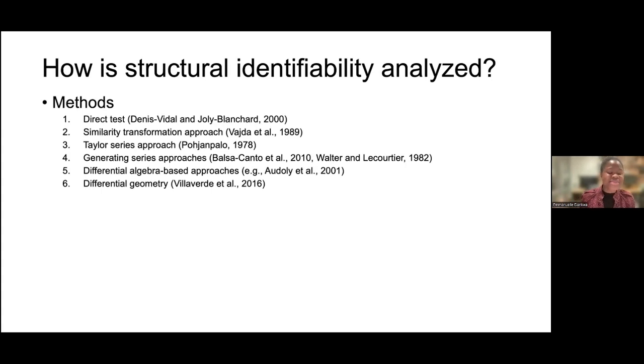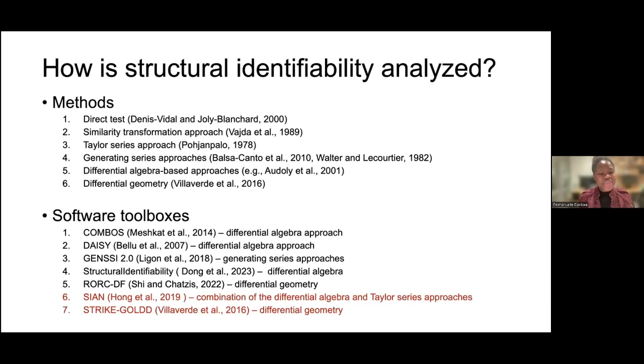Now, it's very difficult to test by hand, particularly if your model is complex. And so in order to avoid all that complex math, there's good news. These methods, at least some of them, have been implemented in software toolboxes, and there's a range. We've put references in for them. Today, we're going to focus on two: CIAN, which employs the differential algebra and Taylor series approaches and is web-based, so you could put in a URL.